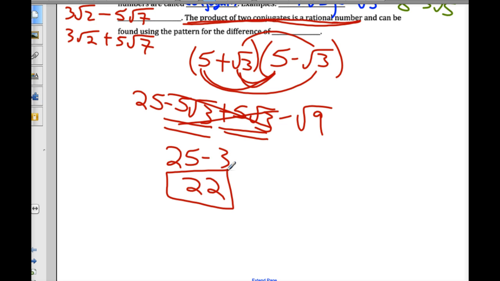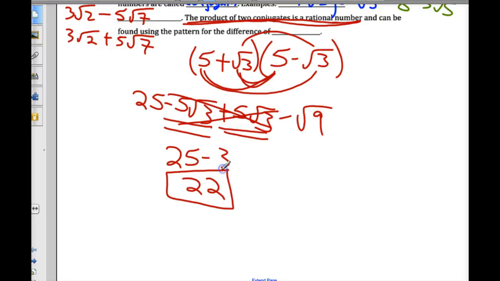It's 25 minus 5 radical 3 plus 5 radical 3, which will always vanish. That's why this becomes a rational number, minus the square root of 9. What's the square root of 9? 3. It's not radical 9 anymore. And then you can add: 25 minus 3 is 22.